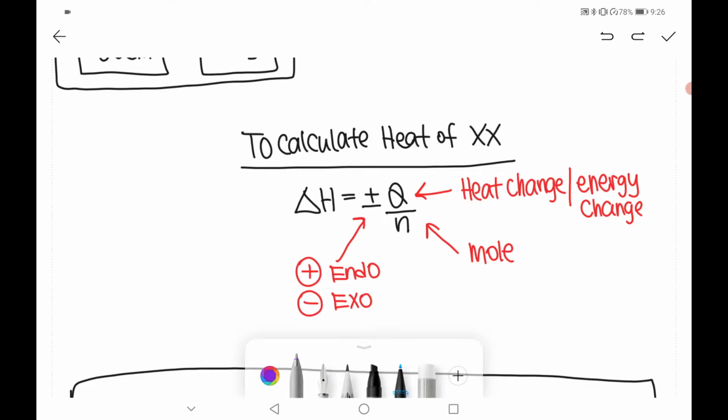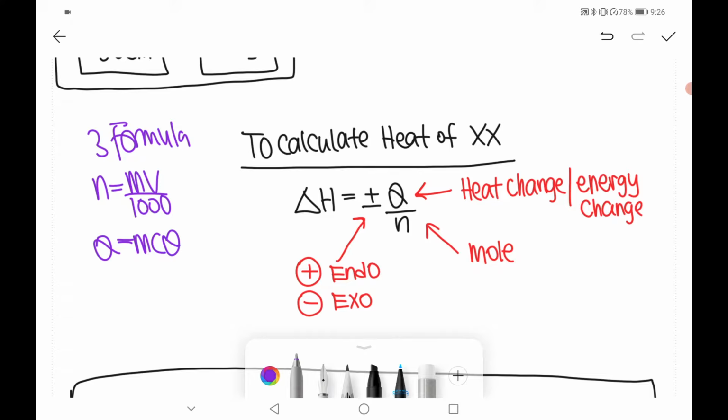So far we have learned three formulas. The first formula is n equal to mv over 1000. The second formula is Q equal to mc theta. The third formula is delta H equal to plus minus Q over n. Make sure you know when to use them.